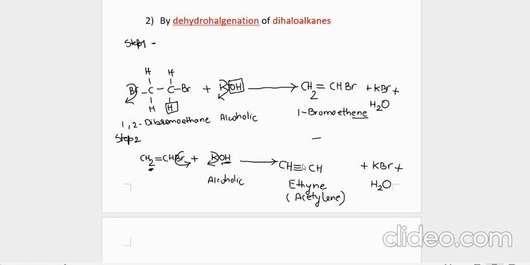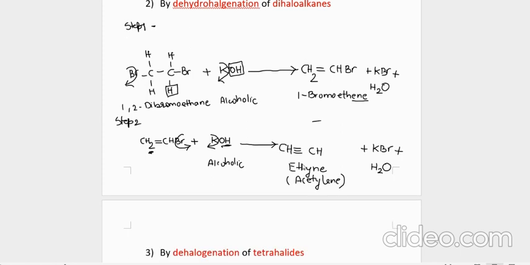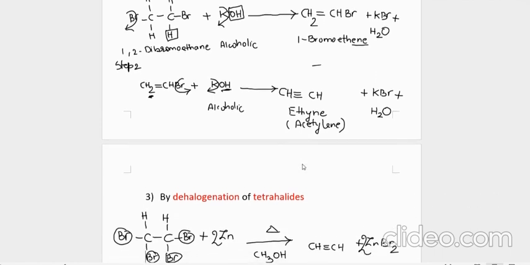Step one: take the starting material, 1,2-dibromoethane, react it with the first molecule of alcoholic potassium hydroxide, remove KBr and a water molecule, and form bromoethene. Step two: take the product formed in step one, react it with a second molecule of potassium hydroxide, remove again potassium bromide and water molecule to form ethyne.